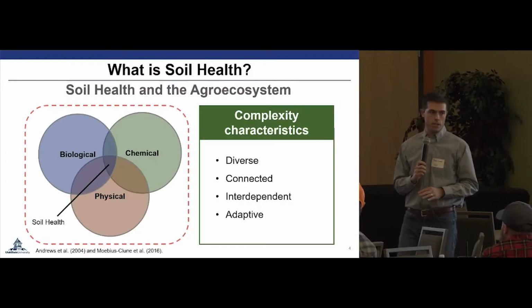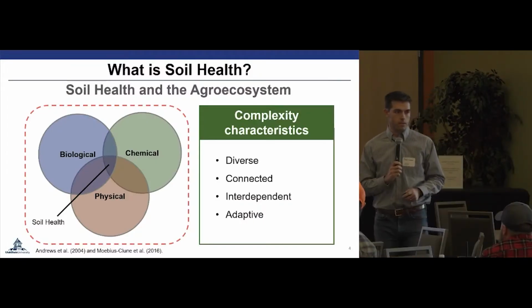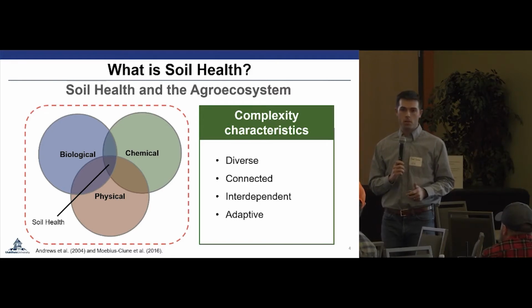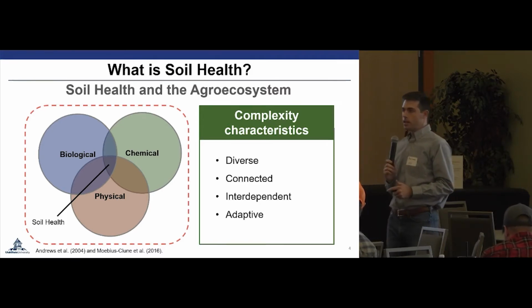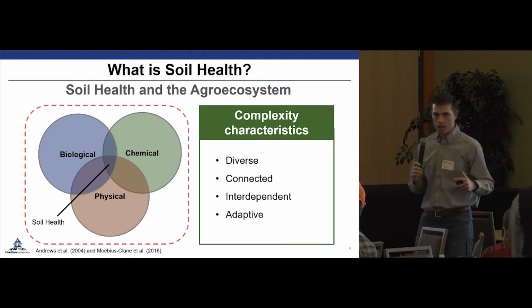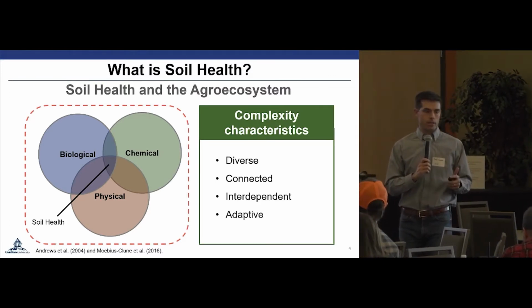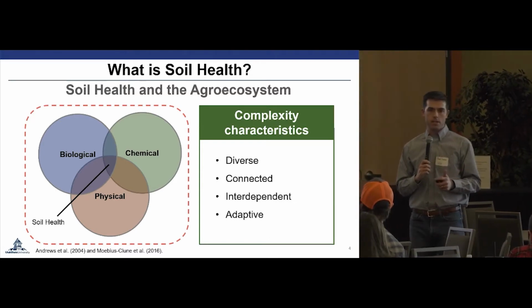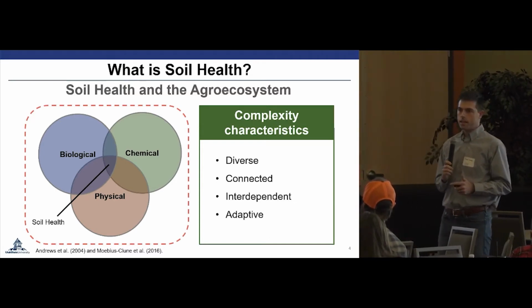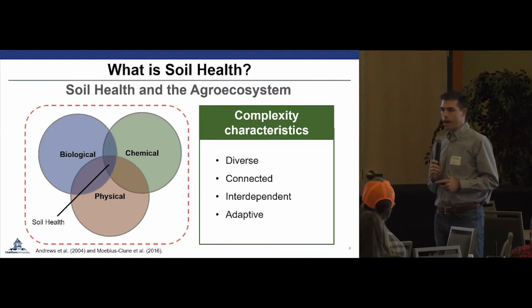So essentially, soil health is a combination of the biological, chemical, and physical properties of the soil. And it's this combination; soil health is an emerging property of these characteristics that are diverse, connected, interdependent, and adaptive.